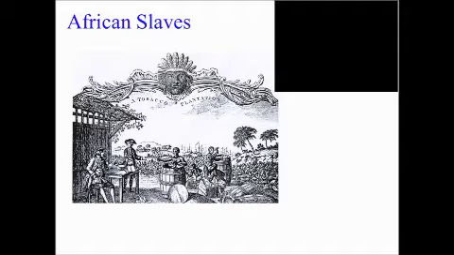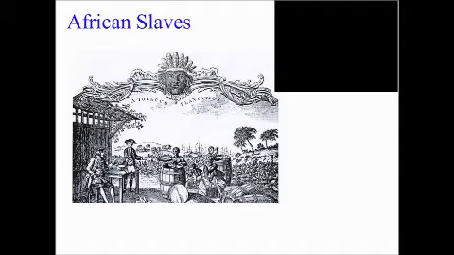All right? And that's when we get to African slaves. African slaves is the name for the last group on your chart, and that would be group number 3, and on your note sheet, that would be the bottom left-hand side.